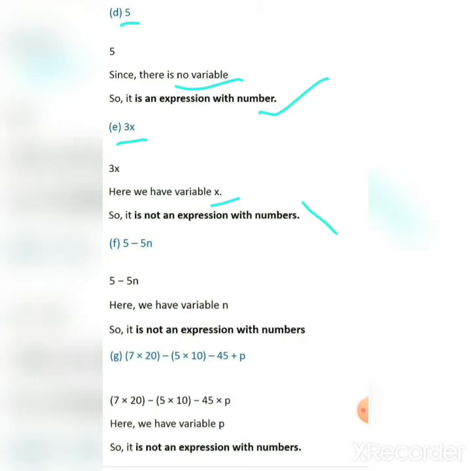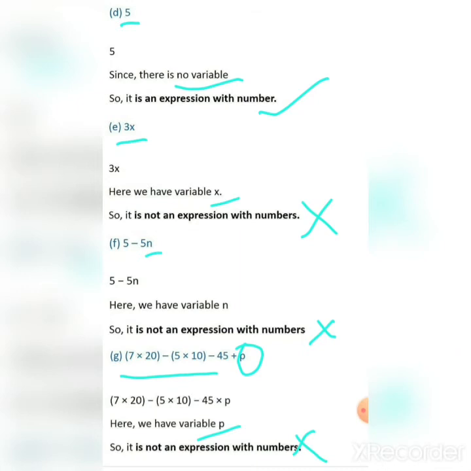So it is not an expression with numbers. 5 minus 5n. Here also n is the variable. So it is not an expression with numbers only. Next one, in this expression also you can see p is there, which is a variable. So this is also not an expression with numbers only.